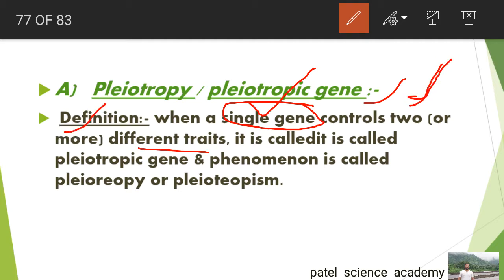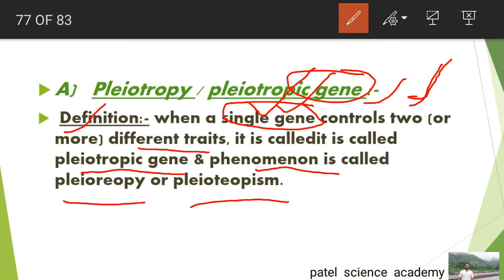So if these two or more different characteristics are controlled by a single gene only, that type of gene is called a pleiotropic gene, and that phenomenon is called pleiotropy or pleiotropism. So I hope you have understood about pleiotropy, in which a single gene controls two or more different traits, and that gene is called a pleiotropic gene.